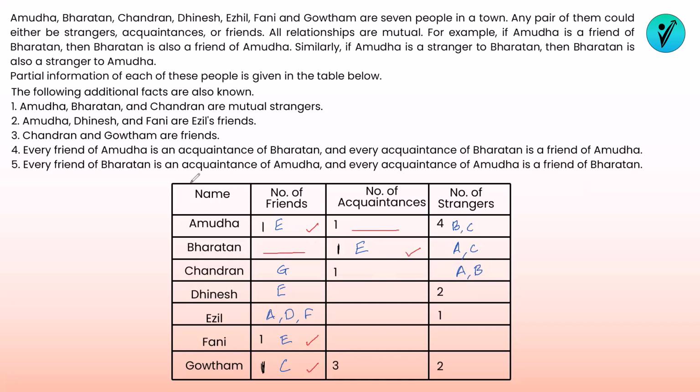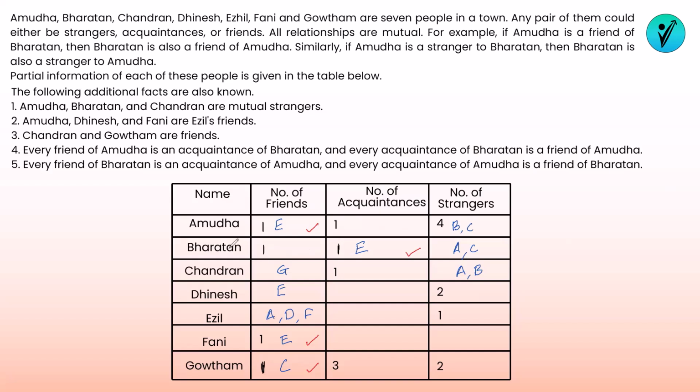According to the same thing, every friend of B is an acquaintance of A, and every acquaintance of A is a friend of B. If there is 1 acquaintance of A, that acquaintance is a friend of B, right? And then that person is also the acquaintance of B, which again means I can say that there is only 1 friend of B because they have to match the acquaintance of B. So there is 1 person over here.